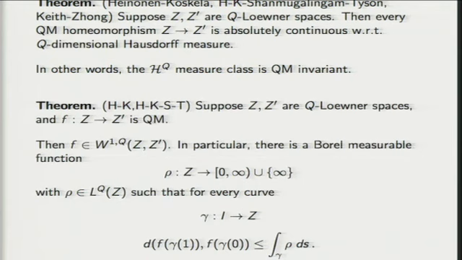Okay? And this rho is Q integrable. All right? So in fact, this is a way of defining what it means to be a Sobolev function, W^{1,Q}. But this generalizes this ACL property that one has for quasiconformal homeomorphisms in the classical case.